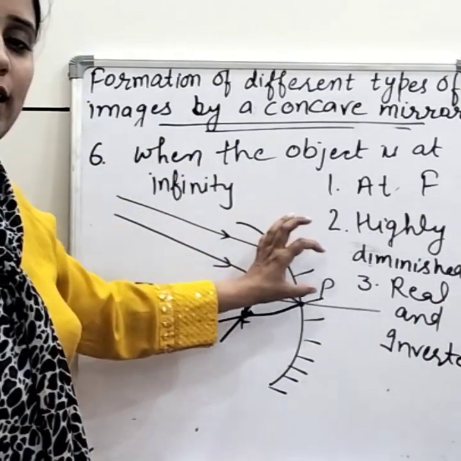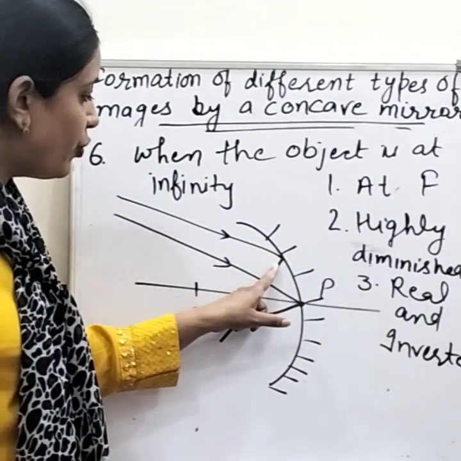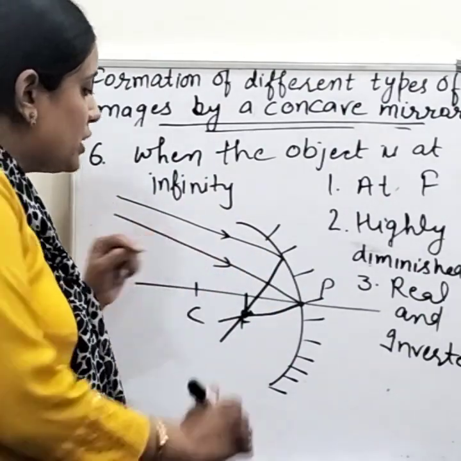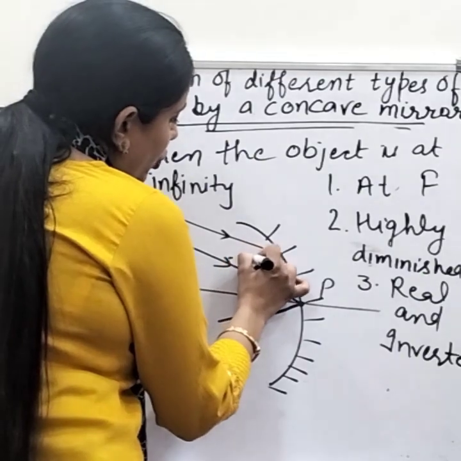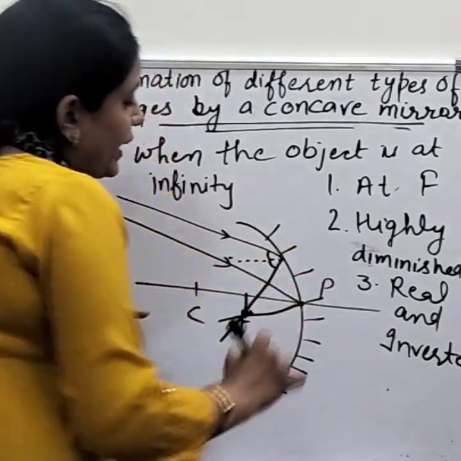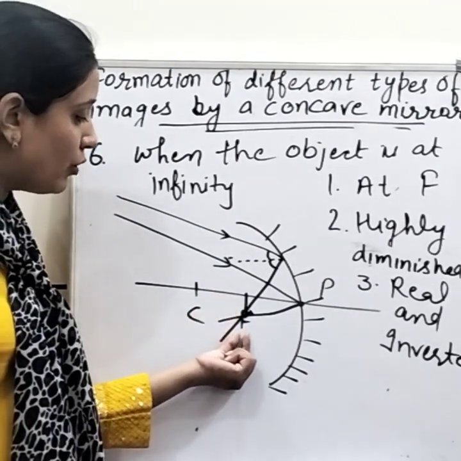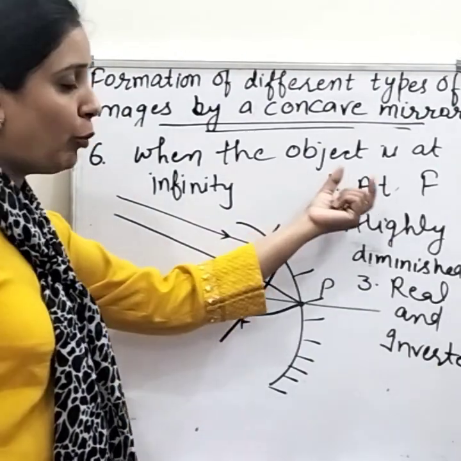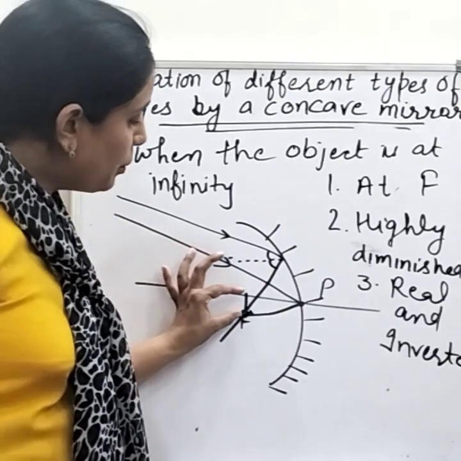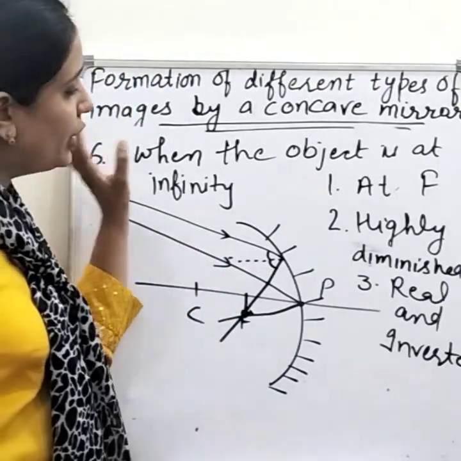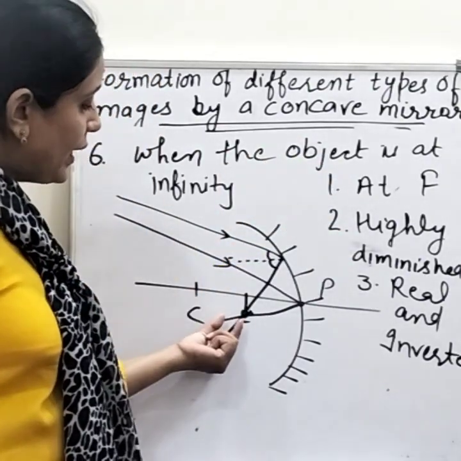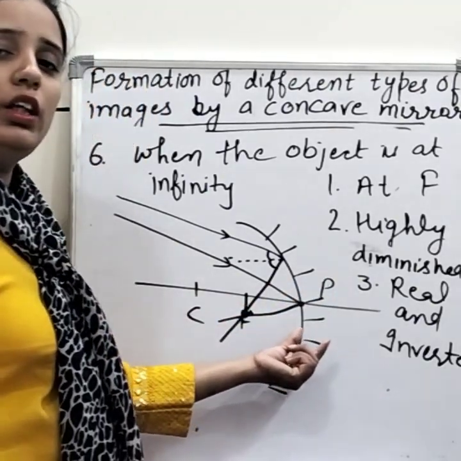They will be incident on the concave mirror. After reflection, according to rule number 4, when they are incident at some angle, and if we draw the normal here, it will reflect at the same angle. These two rays actually meet at point F. So the image will form at point F, and it will be highly diminished because the rays are coming from infinity. It is very small and actually meets, so real and inverted.